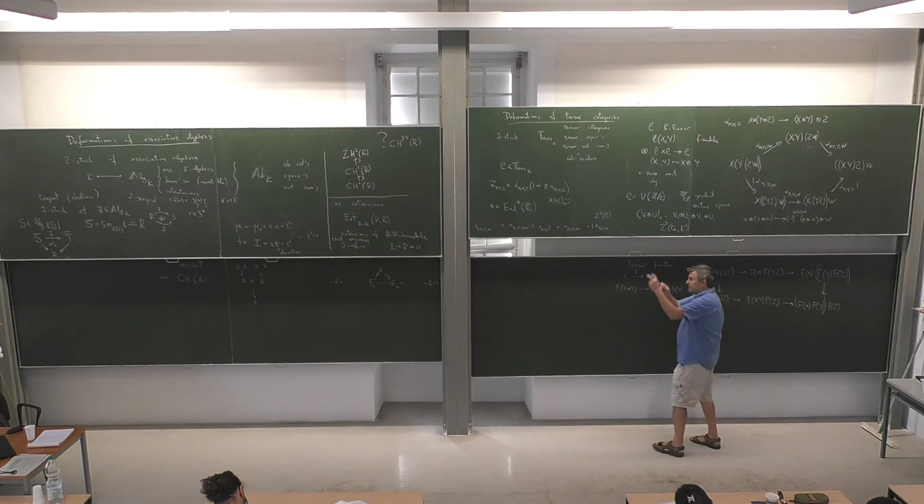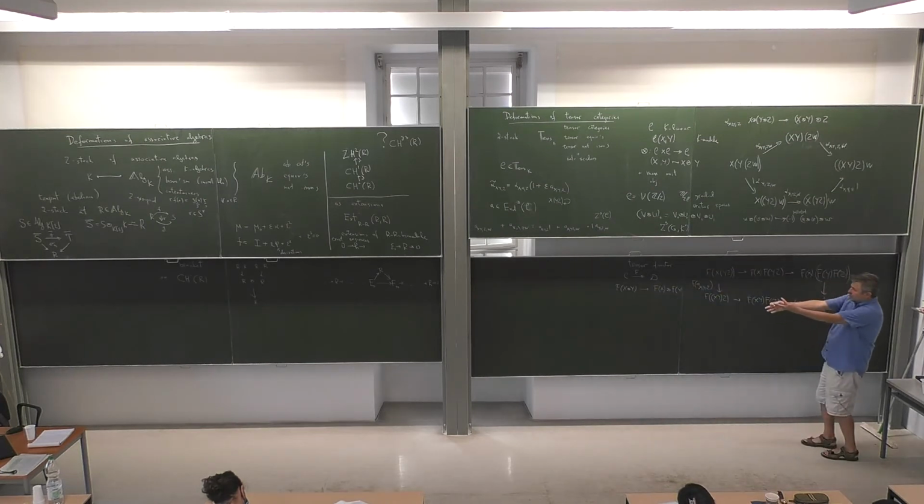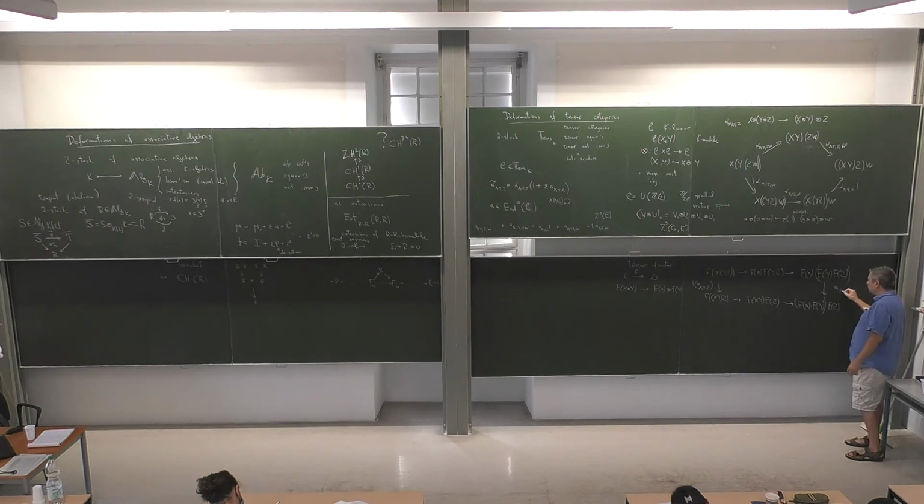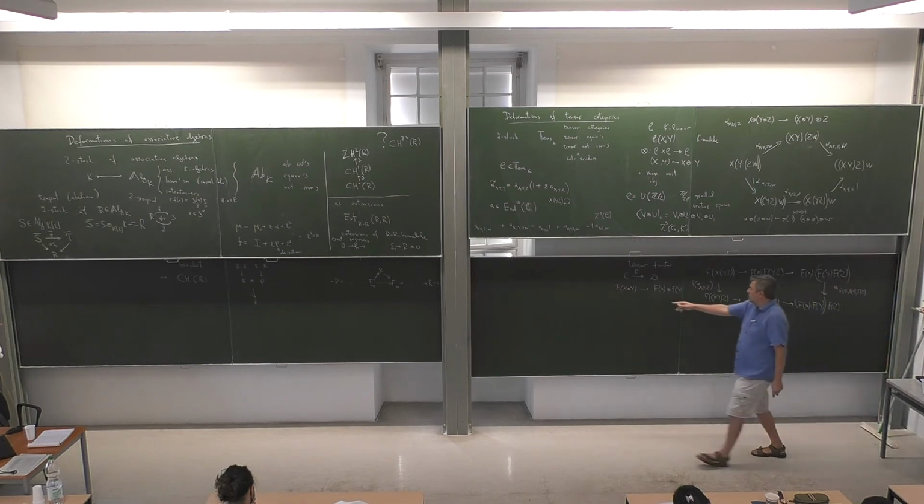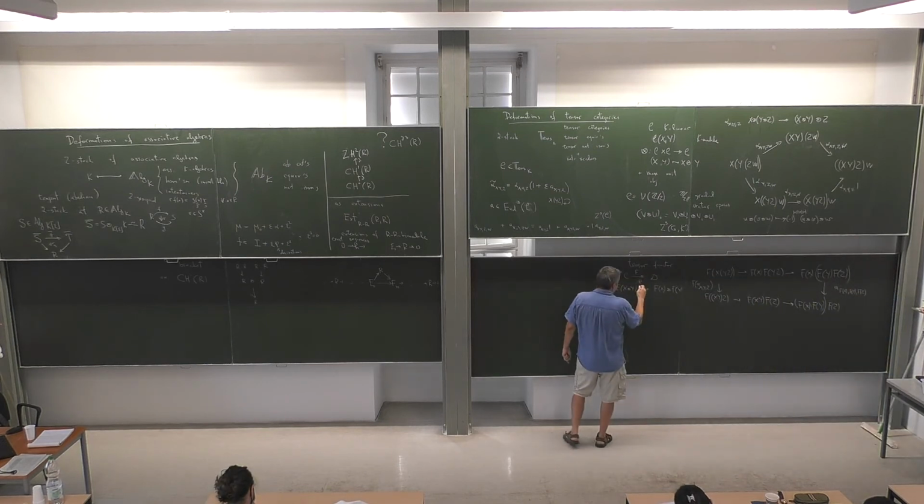So here I'm using associativity in C in general. Here I'm using associativity, still call it A, but it will be associativity in D. And I need to call this, so call it phi.